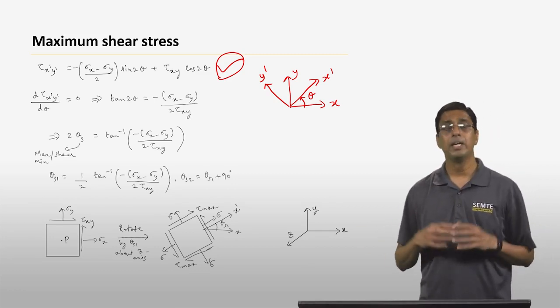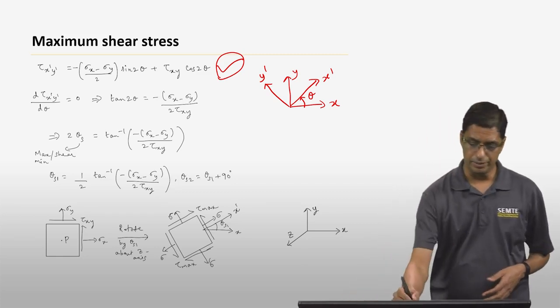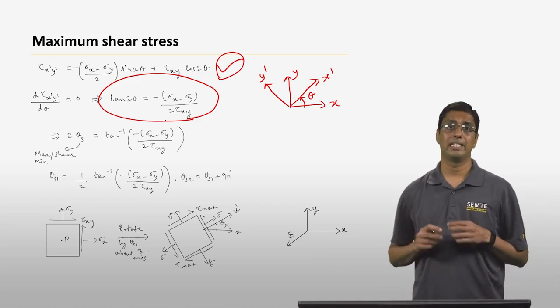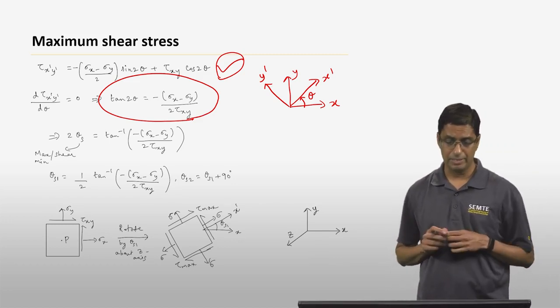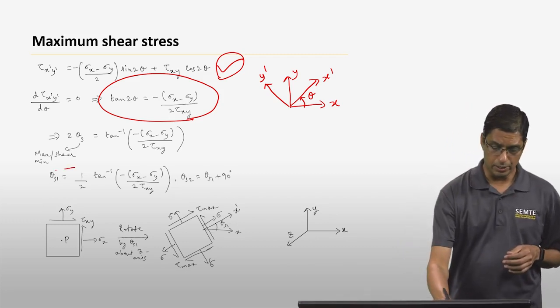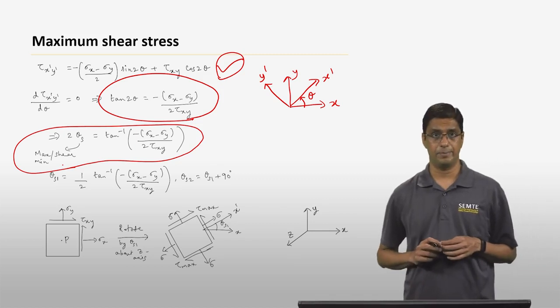Okay, so essentially, if you take this derivative and set it to 0, you get the equation for theta that actually maximizes the shear stress. Okay, so if you do that, you get this equation for theta s.